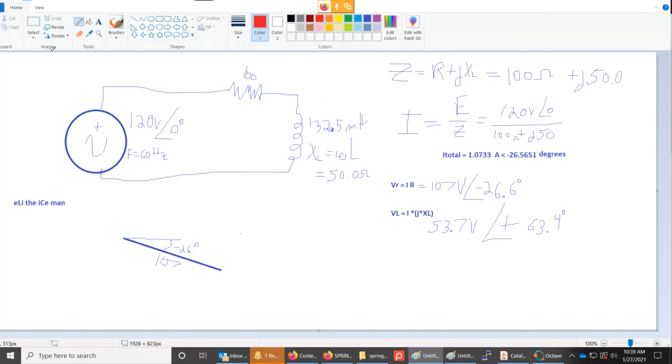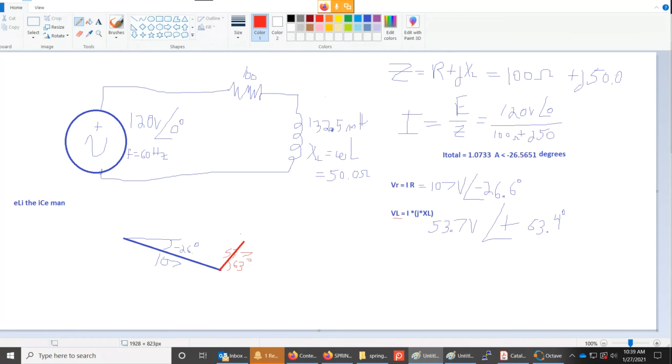And then we have VL, which is going up this way. So it's positive 63 degrees with a magnitude of 53.7.